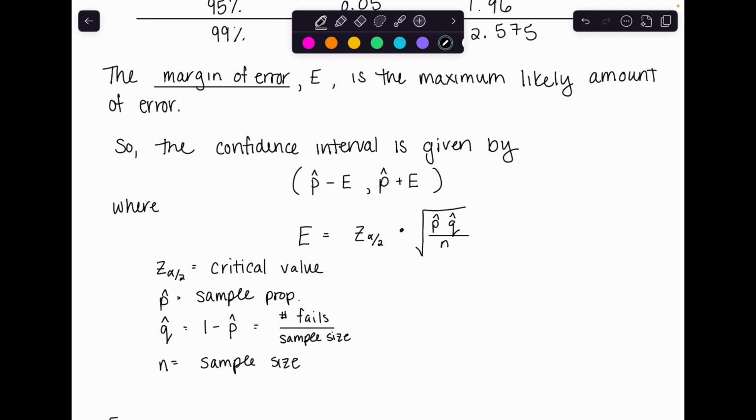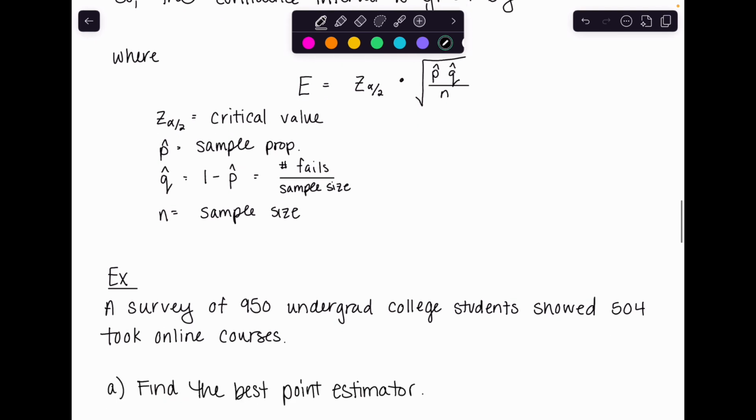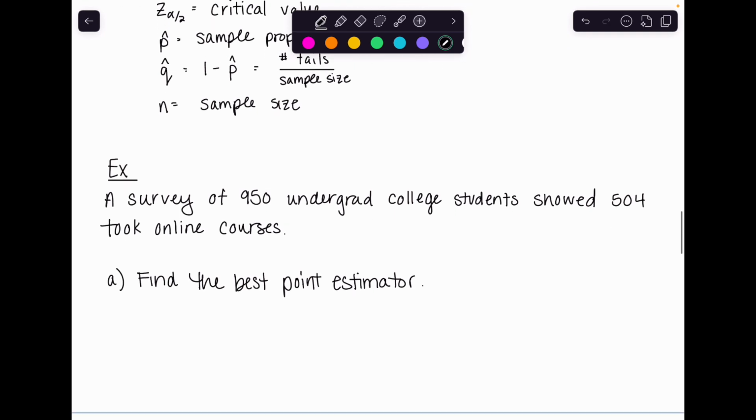So we're going to work with that same example as above, and we're going to go ahead and find confidence intervals for that. Again, we have a survey of 950 undergrad college students and 504 took online courses. Finding the best point estimator is already what we did, but just to show you within here, that sample proportion is our point estimator.